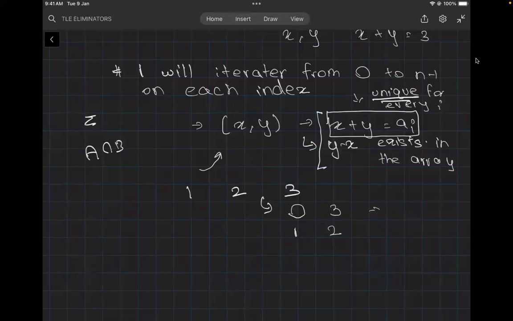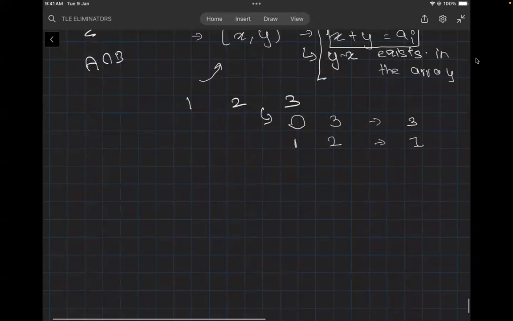Now, what is y minus x here? y minus x is 3. What is y minus x here? y minus x is 1. Okay.